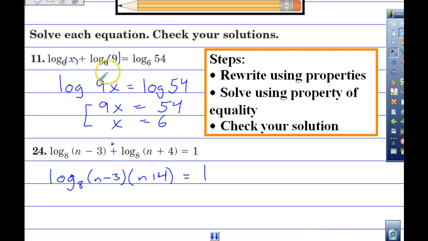The first type is where you have the log on both sides. Once you get a log equal to a log, you can pretty much just drop those off. It's not that they cancel out, but that's in a sense what the next step is, just 9x equals 54. Then we have this kind where you don't have a log on both sides. In this case, what you do is basically convert it to exponent form.